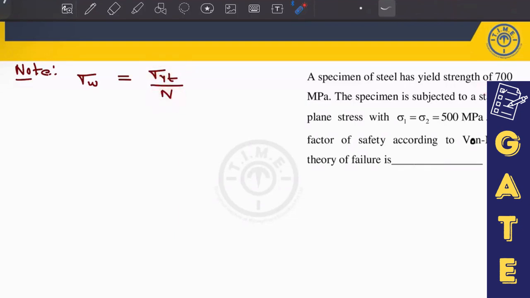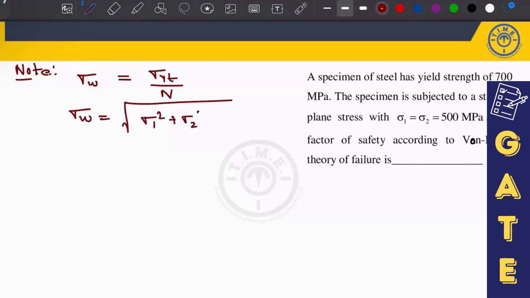Now see, they have clearly mentioned yield strength. I have told you, when they mention yield strength, always consider it the yield tensile strength, unless they specifically mention shear yield strength. Now the working stress in this particular case is nothing but the square root of sigma 1 square plus sigma 2 square minus sigma 1 sigma 2.